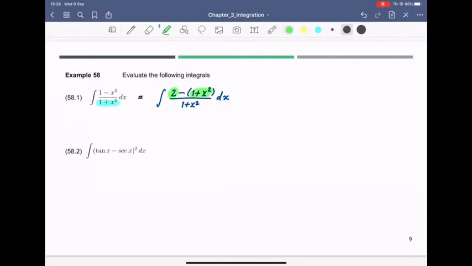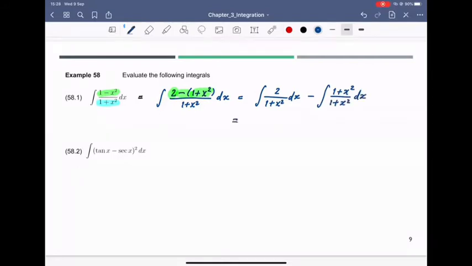So basically, I just simplify my 1 minus x squared to 2 minus parenthesis 1 plus x squared. Once I simplify it like this, I can split it into integrate 2 over 1 plus x squared dx, and then the second term is negative integrate 1 plus x squared over 1 plus x squared dx.